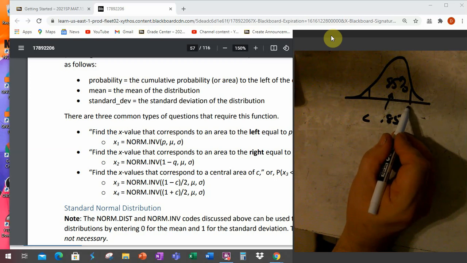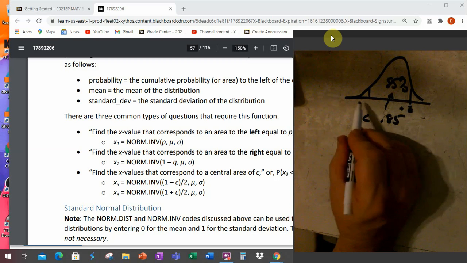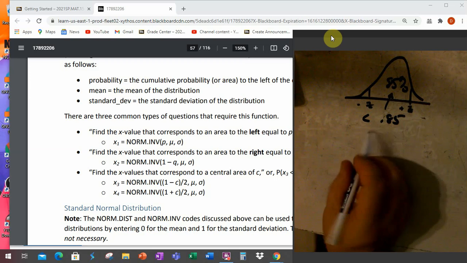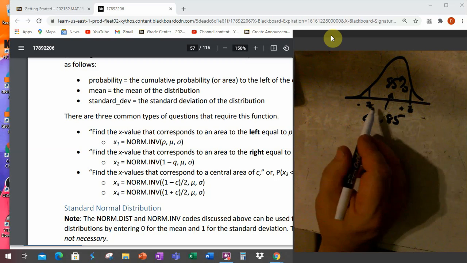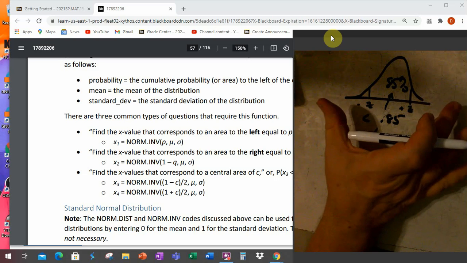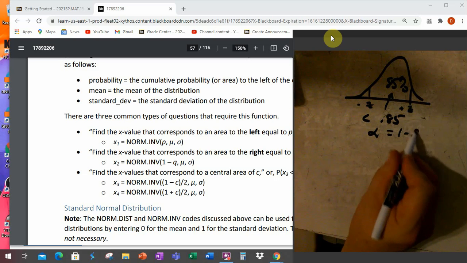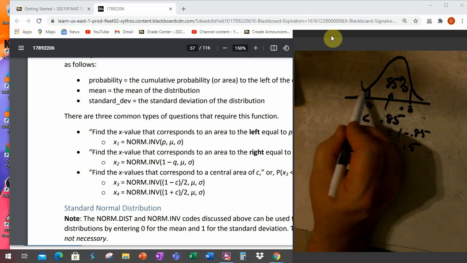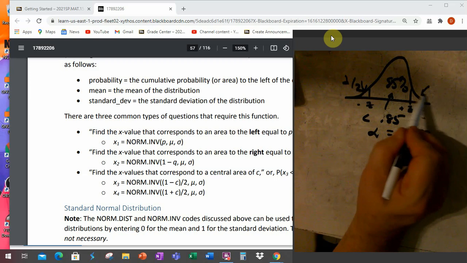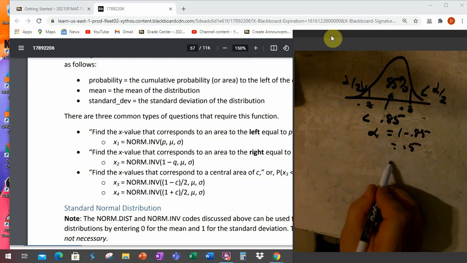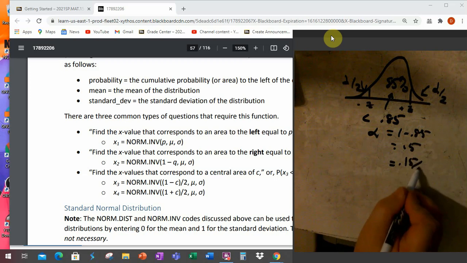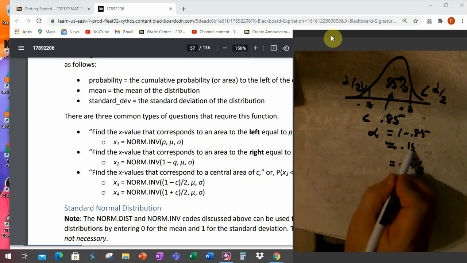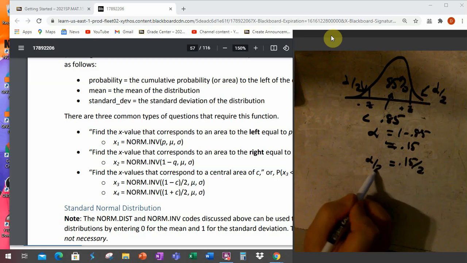And these Z scores, this is a plus Z and a minus Z. It's symmetric when I've got these two around. And it just says this is the easy way. Now you can say, well, the area on the outside is 1 minus the 0.85, which is 0.15. And then half of it's here, and half of this area is over here. So this would be the 0.15 divided by 2. Okay, half of it, and this is called alpha over 2.